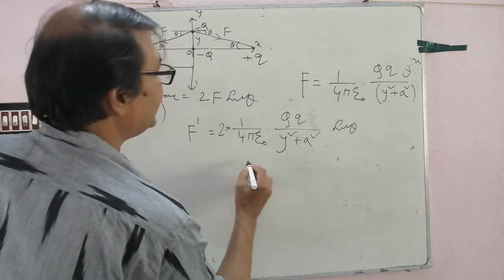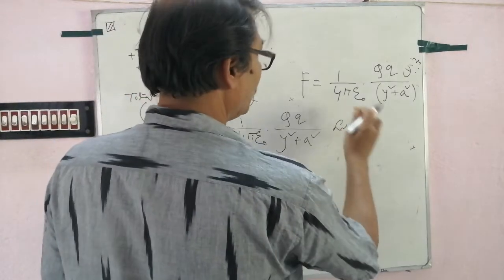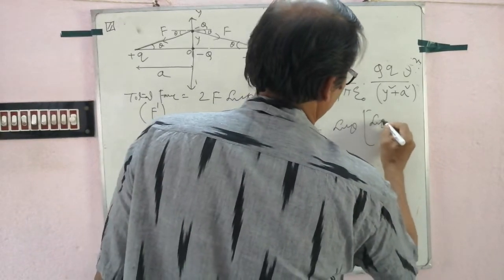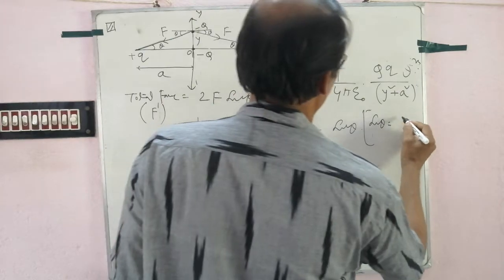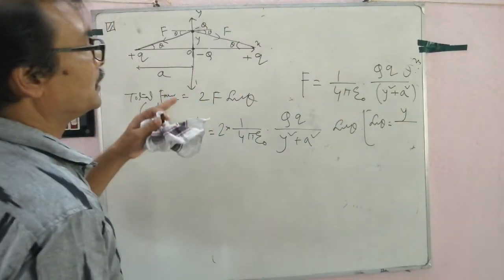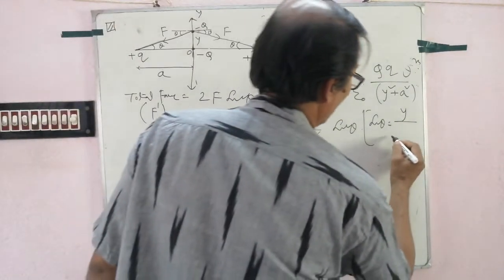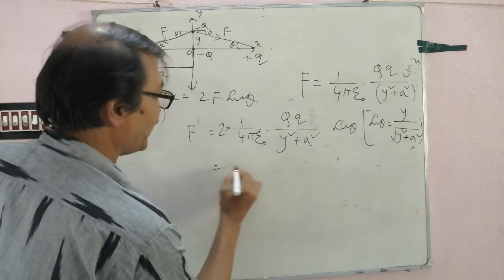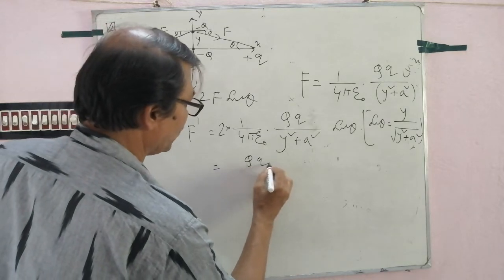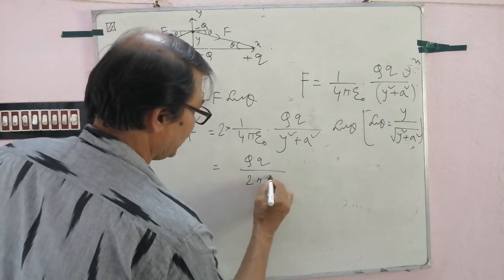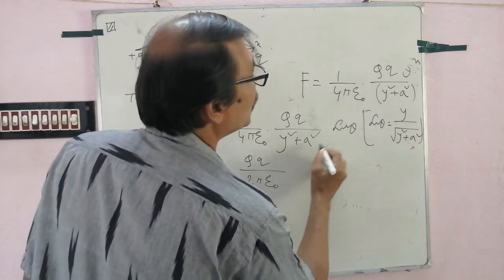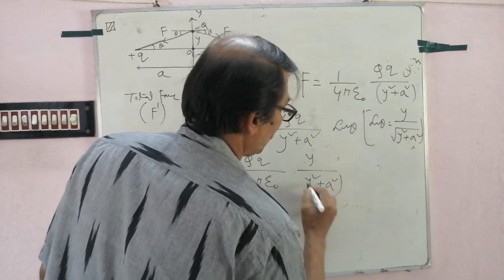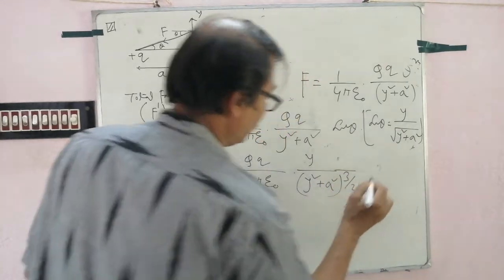Now put the value of sin theta. Sin theta equal to y by root over y square plus a square. If we put the value, then we get Qq by 2 pi epsilon naught, y by y square plus a square whole to the power 3 by 2.